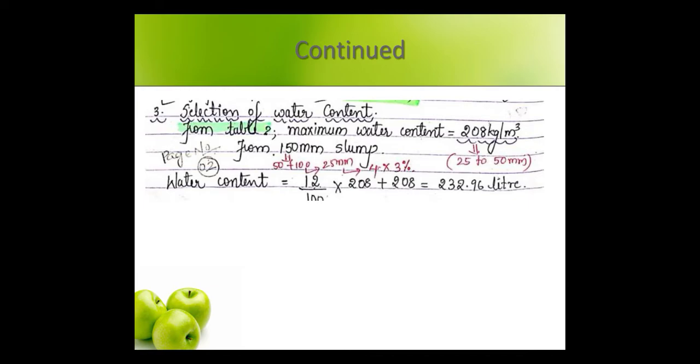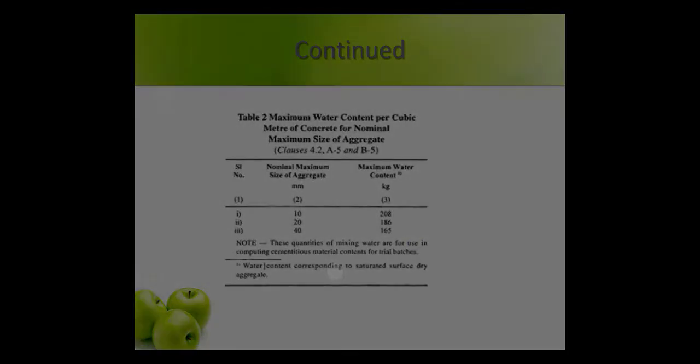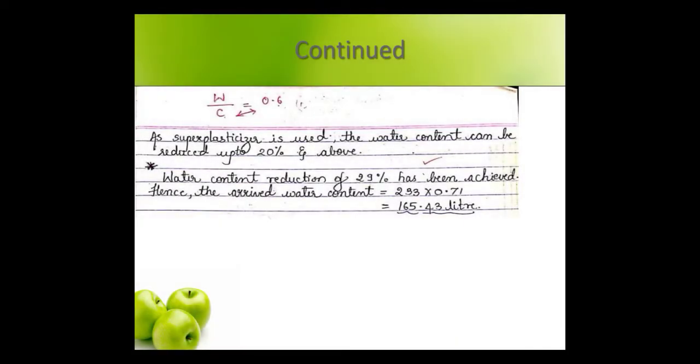So this is the third point. Next, as we are using superplasticizer here, the water content can be reduced up to 20% and above. But according to the code book, 29% of the water content can be reduced and it can be achieved.